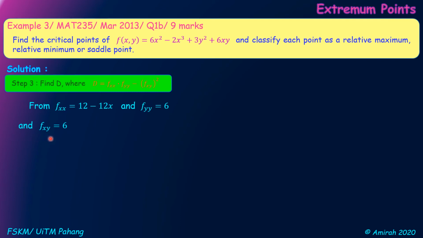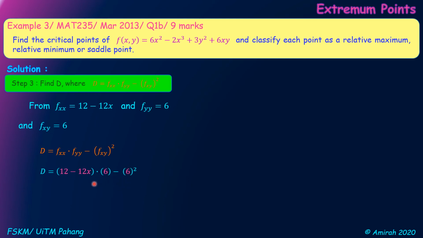And our fxy from the previous slide equals to 6. And then we substitute into this formula. So D equals to fxx, we replace by 12 minus 12x, and then times fyy, fyy equals to 6, and then minus fxy, fxy equals to 6, and then bracket squared.